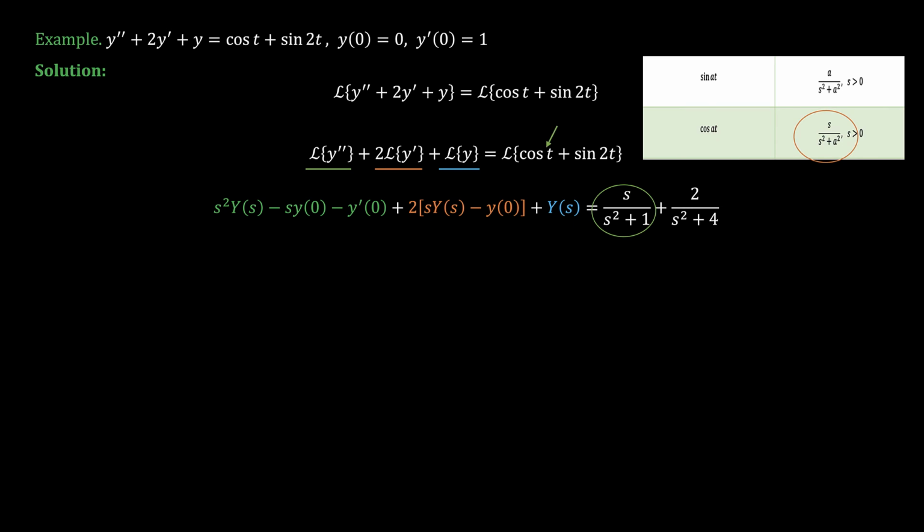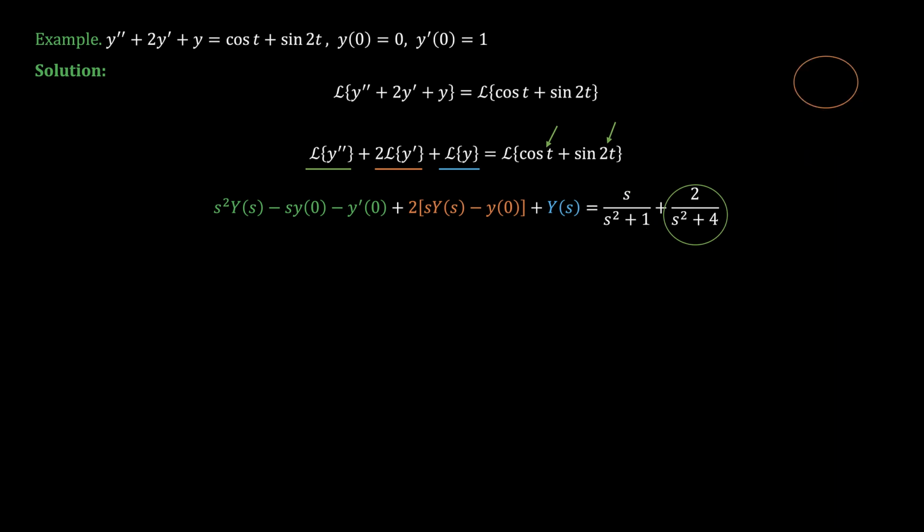So 1 squared would be 1, as I have here in the green circle. And similarly, if I look at 2 over s squared plus 4, well, that results from using the sine formula, okay? Now, in the sine formula here, a would be 2. So here I would have 2 over s squared plus 2 squared, and 2 squared would be 4. So that's how I got the right-hand side using the Laplace transform.